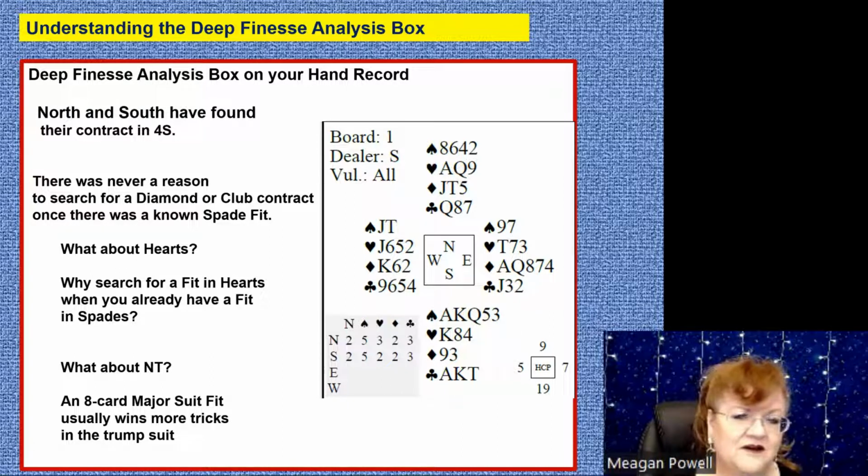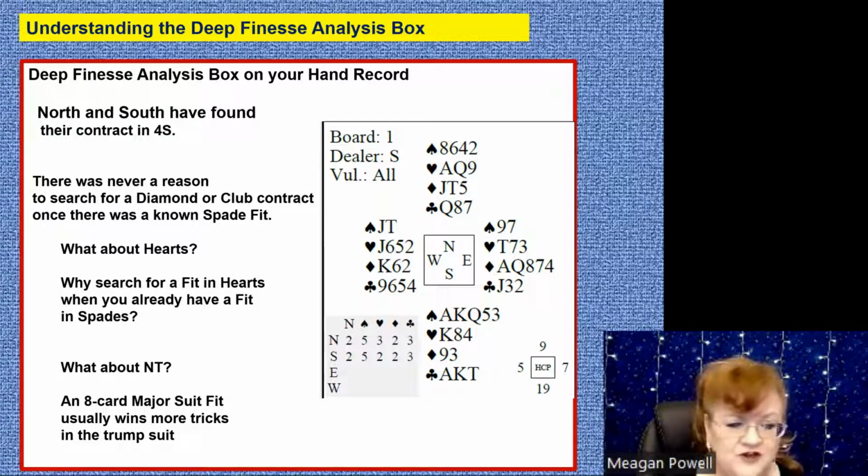But I wouldn't have gone searching for a different major suit fit once I had one of them. Once we had a spade fit, there's no reason to think about a heart fit. And by the way, are you going to find a heart fit? You're not. You'll only come back to spades anyway. Why go searching when you have one?